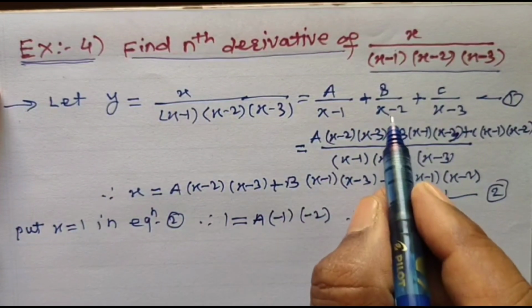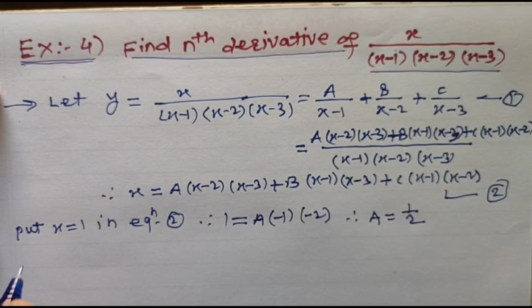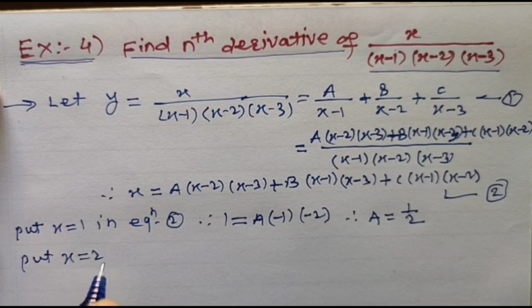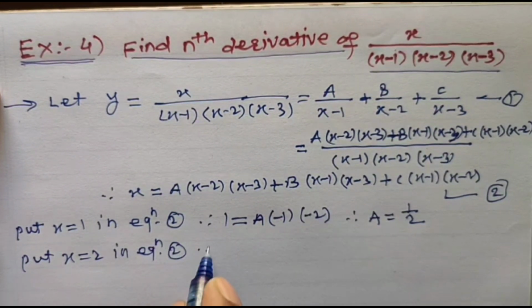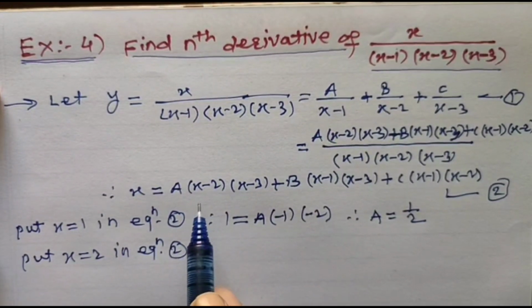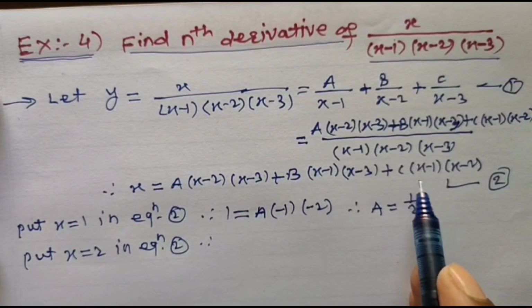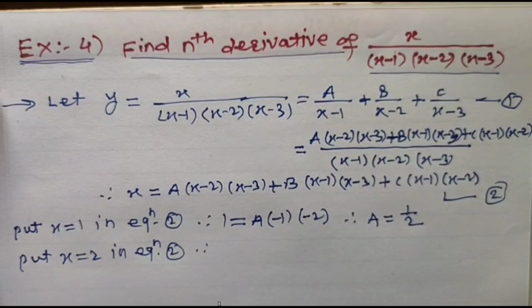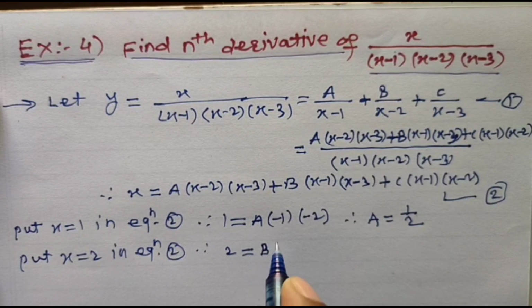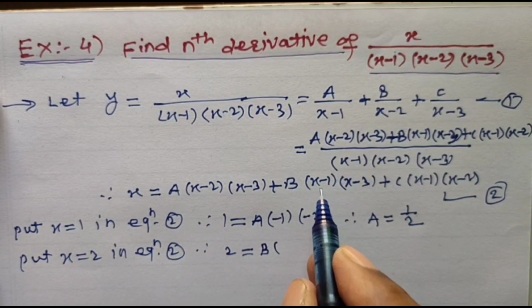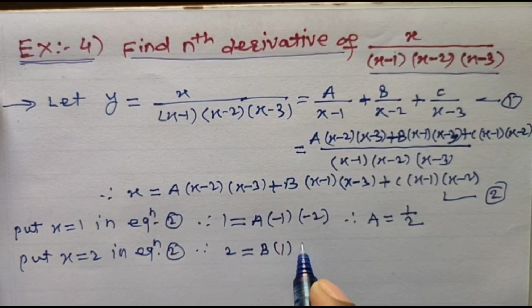Let us put x is equal to 2 in equation number 2. Now if we substitute x is equal to 2, the first term becomes 0 and the third term becomes 0. Only the second term remains. Hence 2 is equal to b into (2 minus 1), that is 1, into (2 minus 3), that is minus 1.